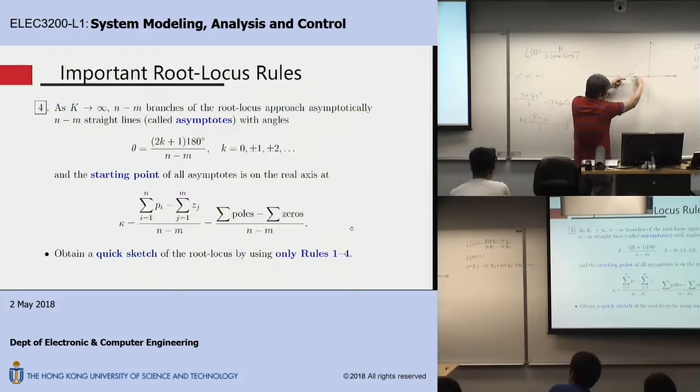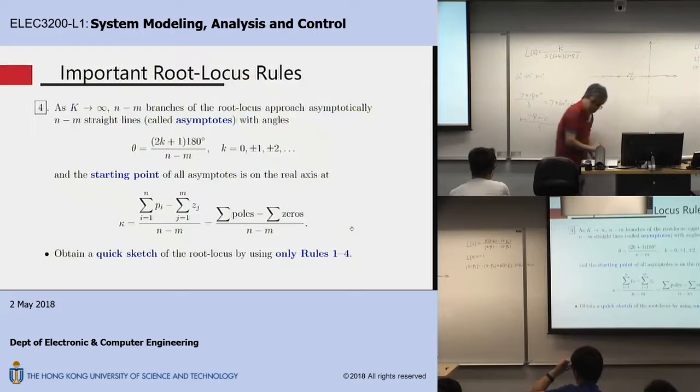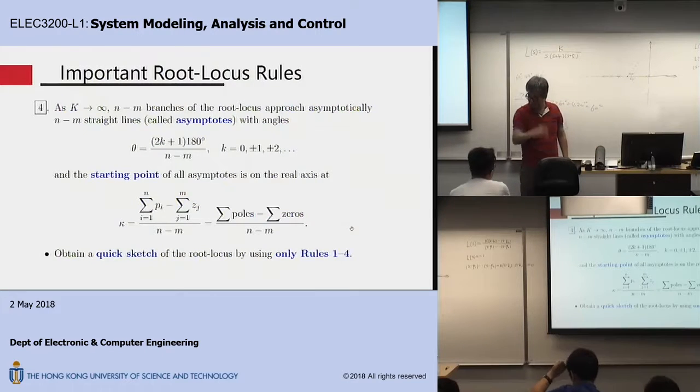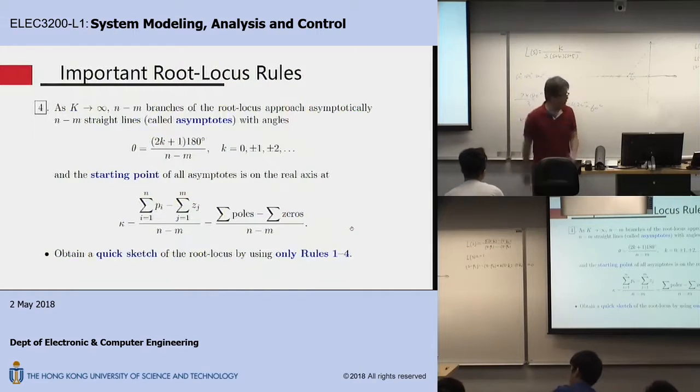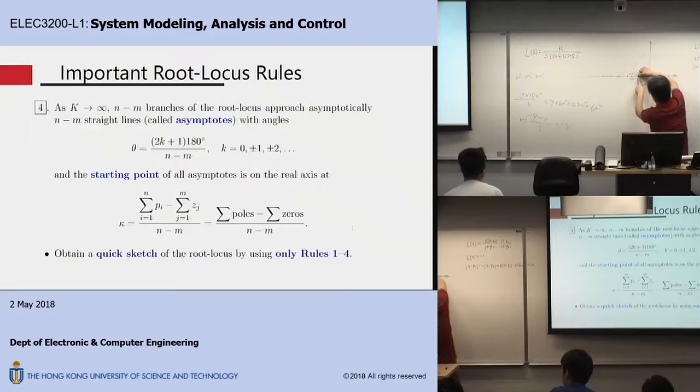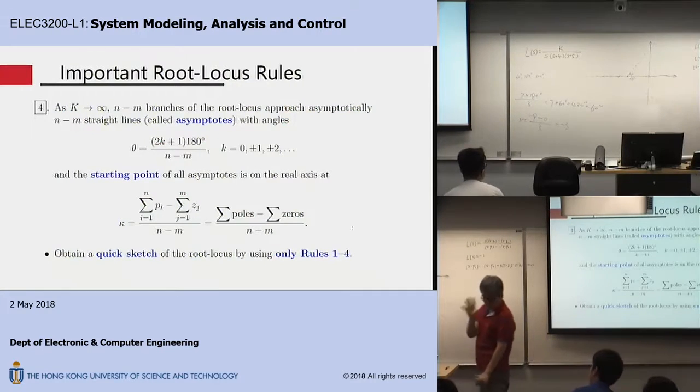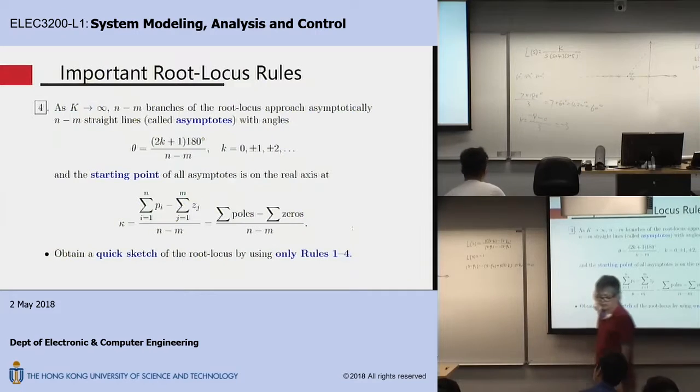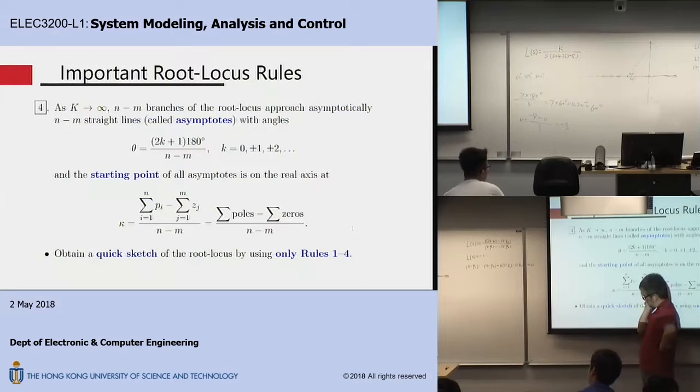You see that it's going to meet and split. Then we need to know where it splits. If we have that information, then roughly the root locus is done. We know where it splits, then we go in that direction. So roughly the root locus is obtained. So now the final thing is to get the splitting point.